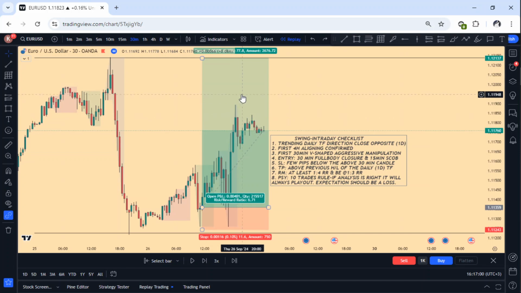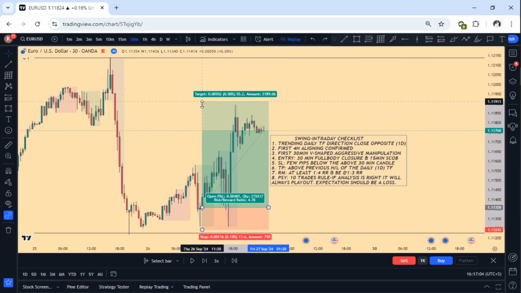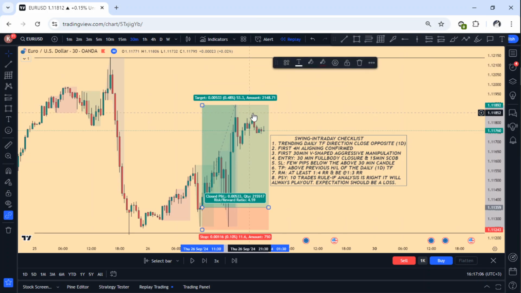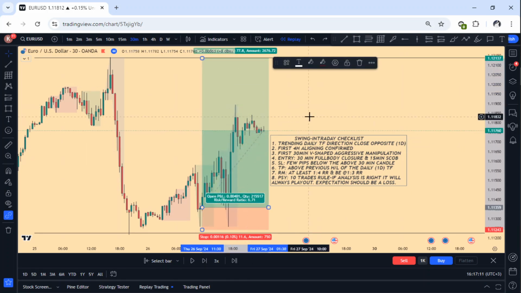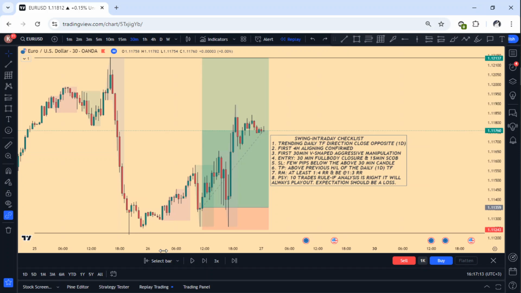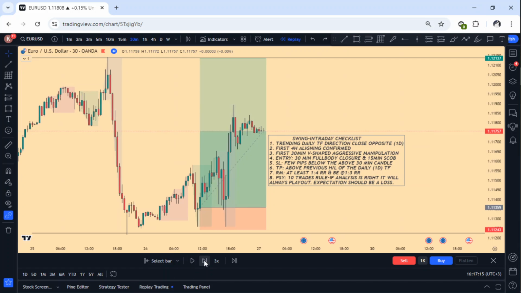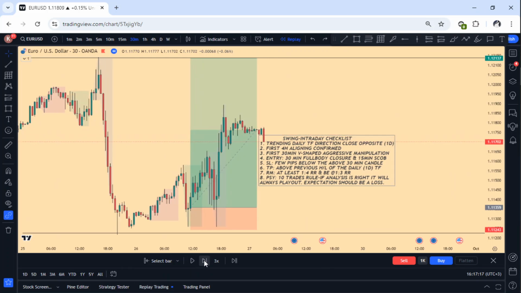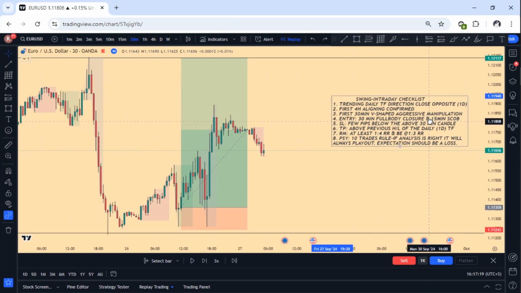We need something like this in our direction. So this was a 1 to 4, which is okay. So at this particular point it's good to trail stop loss because of this movement. So let's see how it goes. So that was good.